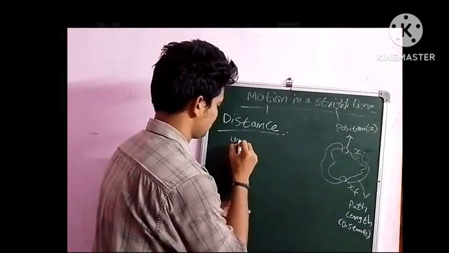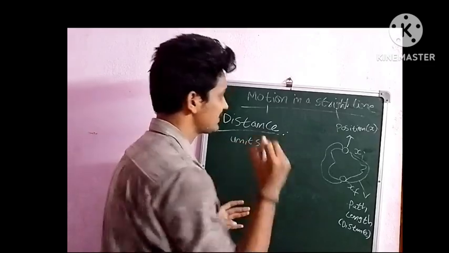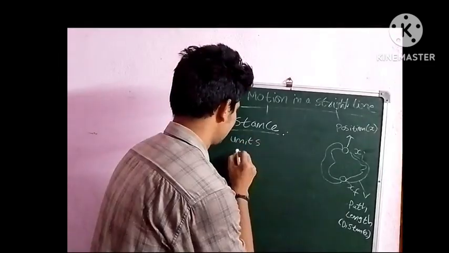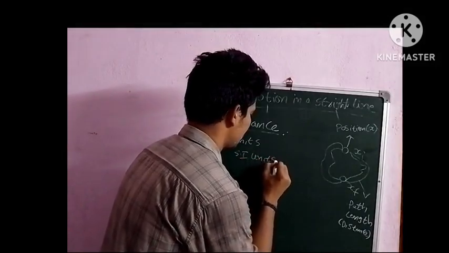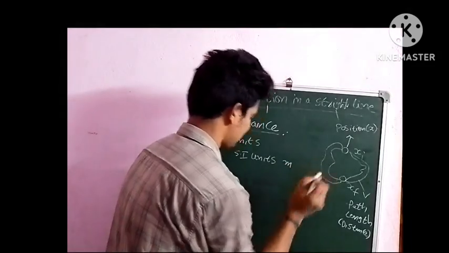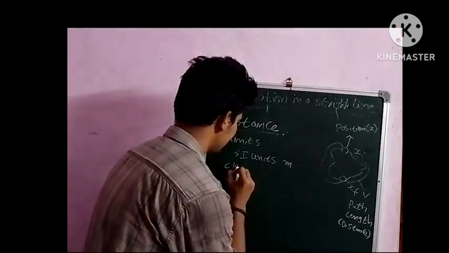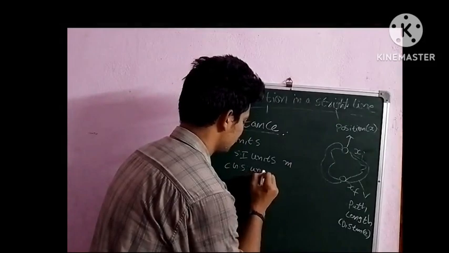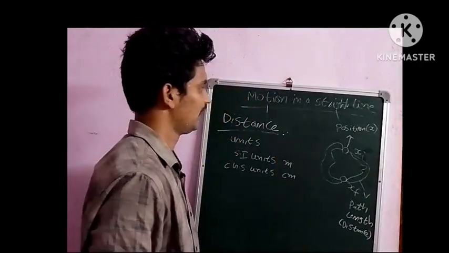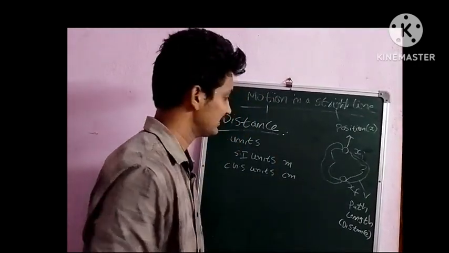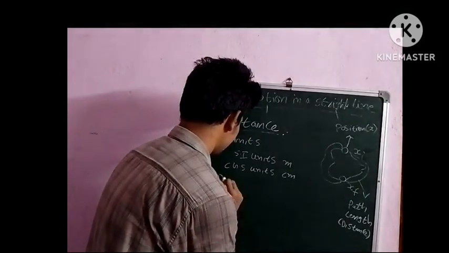Units. Distance SI unit is meter and CGS unit is centimeter. And what is displacement? Second term.